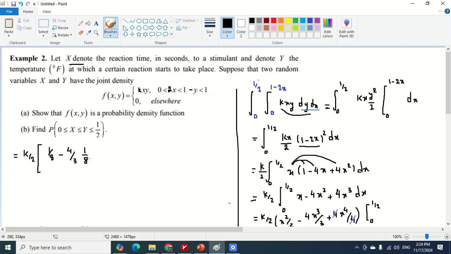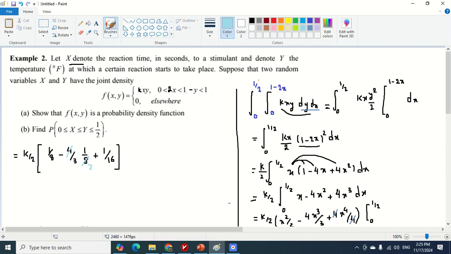Then also we have x to the power of 4, and 1 over 2 to the power of 4 is 1 over 16. This 8 and 4 also will be cancelled, and we have 1 over 6 at the end.